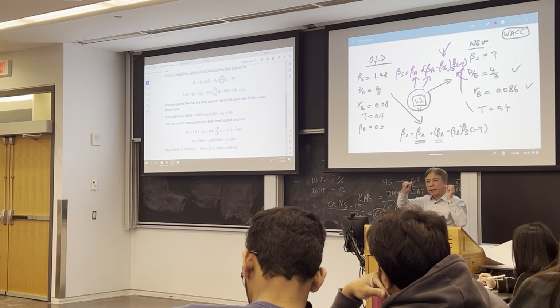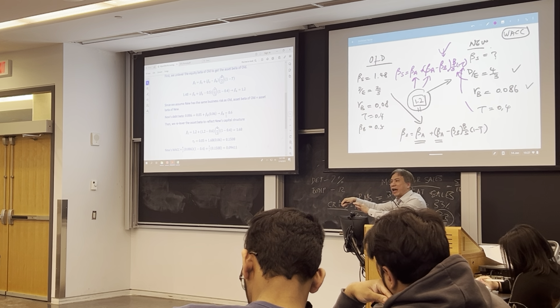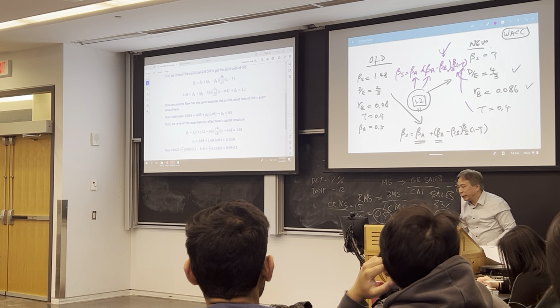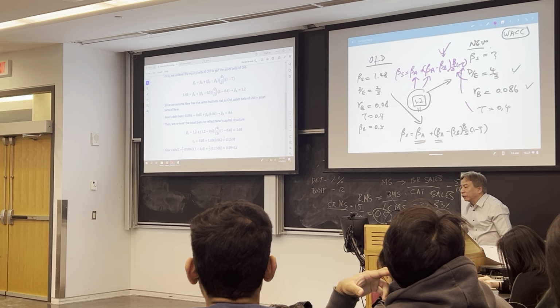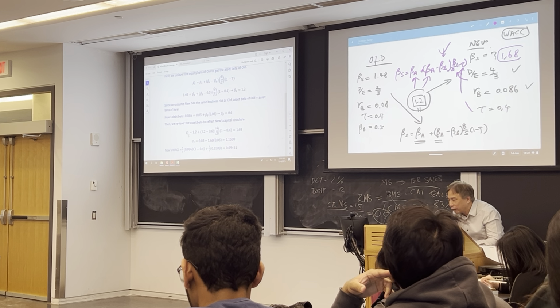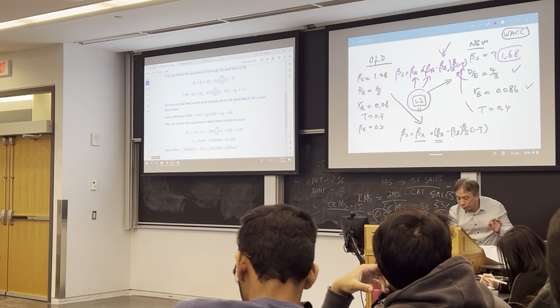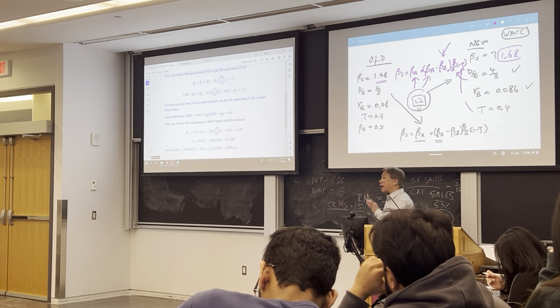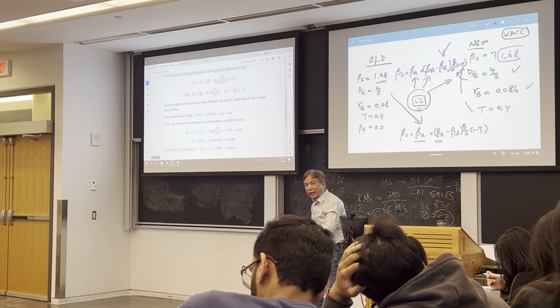That means we impose a new debt to equity ratio to the asset beta. So now we find the new equity beta is 1.68. It should be larger than 1.48 because with higher debt to equity ratio, you have higher financial risk.